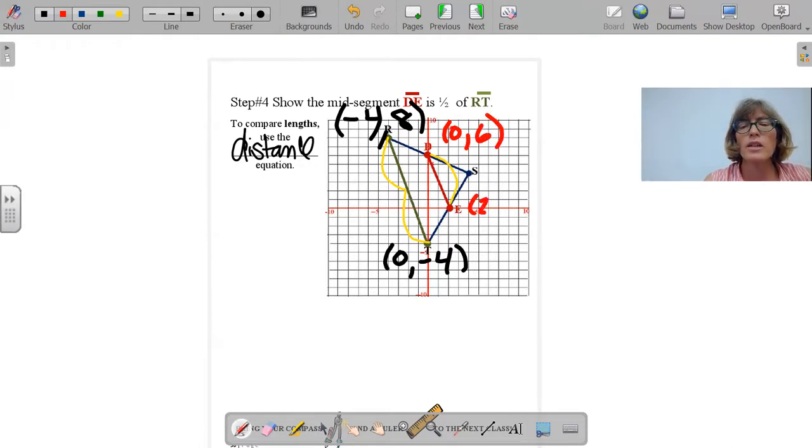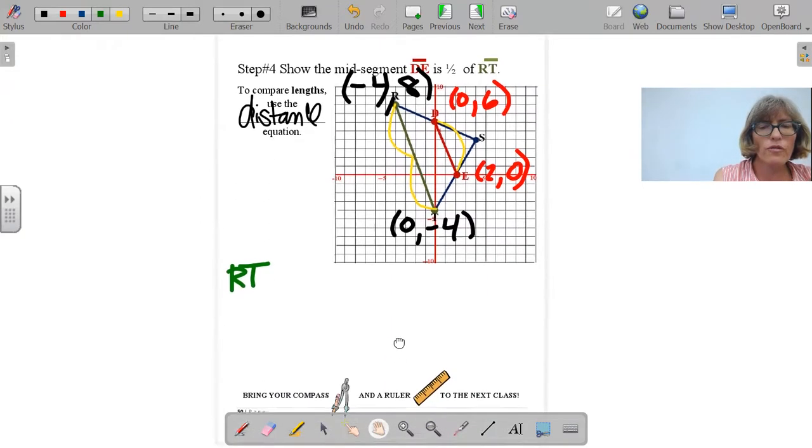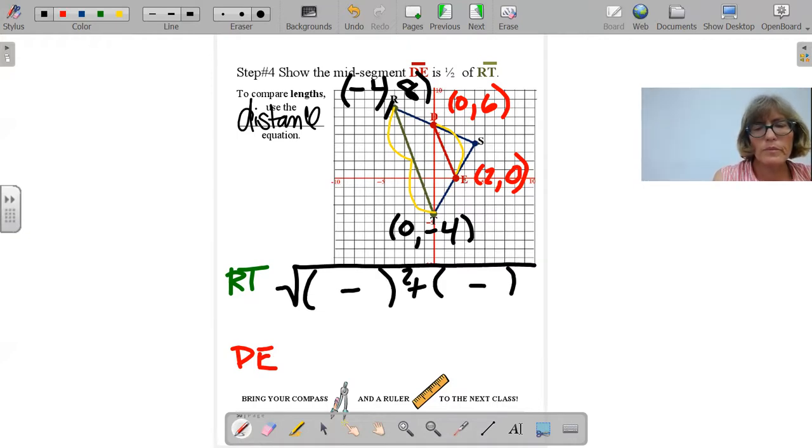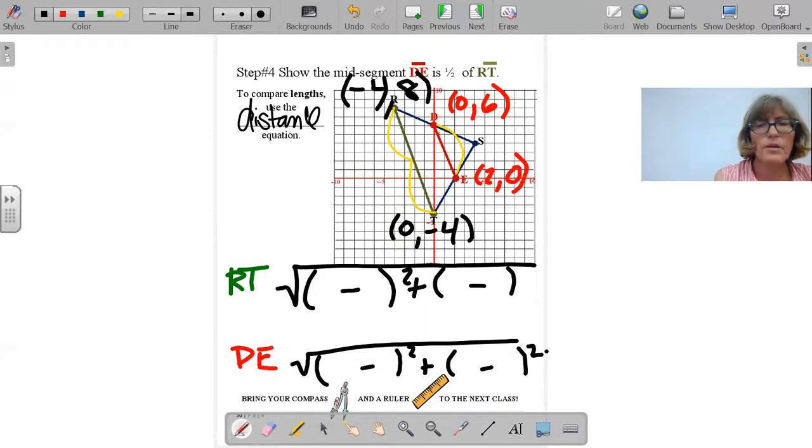And E is at 2, 0. So we're going to find the distance, R to T, and we're going to find the distance, D to E. Make a template to make it easy.